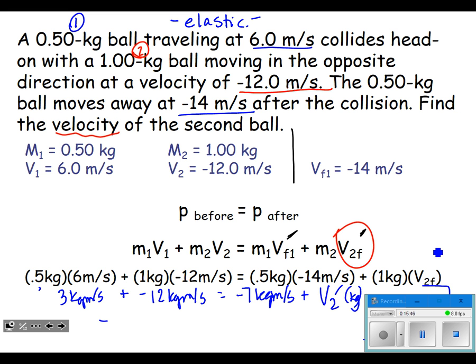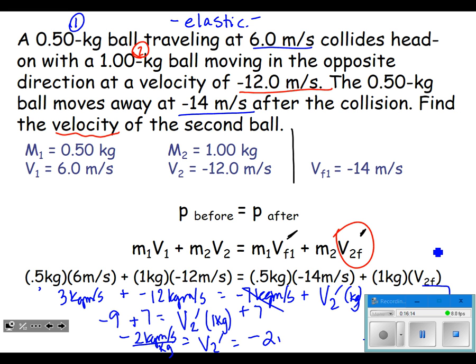So now we have a negative 9. And then we need to add 7 to both sides to get rid of it. So plus 7 equals our V2 prime. And then that's really just 1 kg still. So now we're at a negative 2. And that is kilograms meters per second divided by a kilogram, which would make our V2 prime be a negative 2 meters per second.